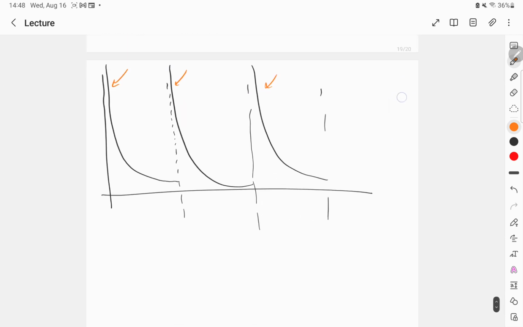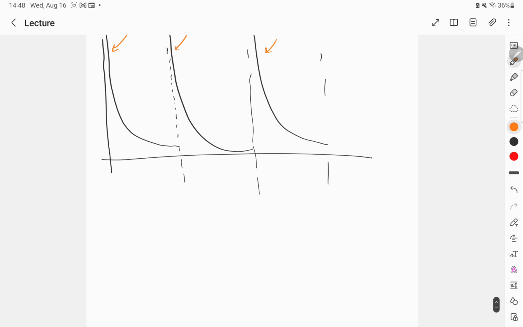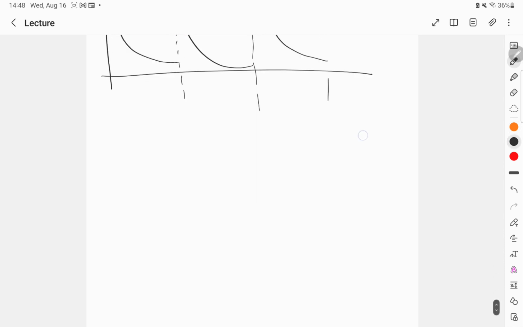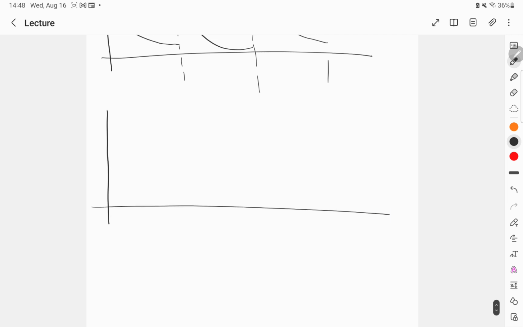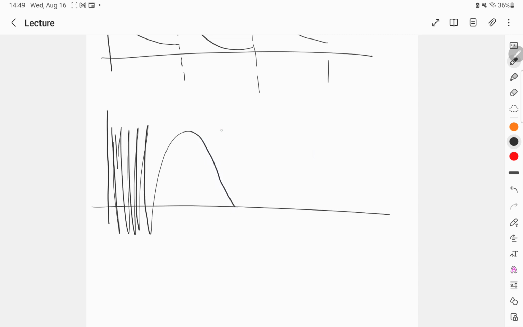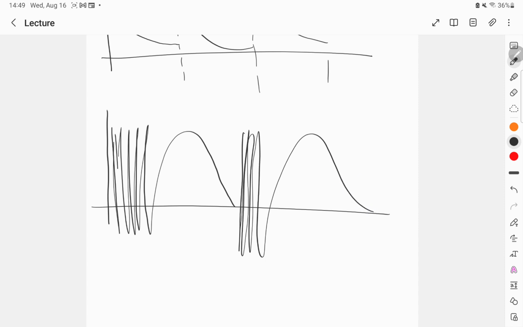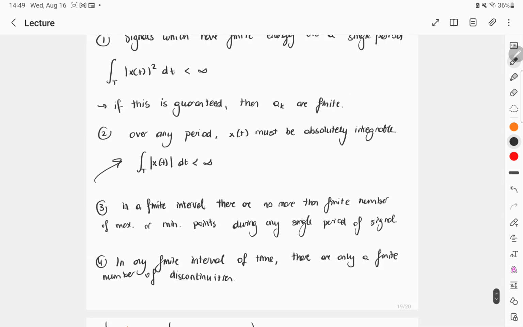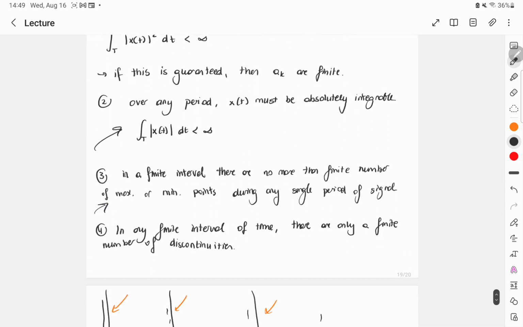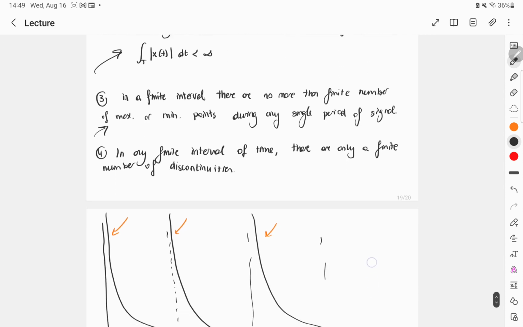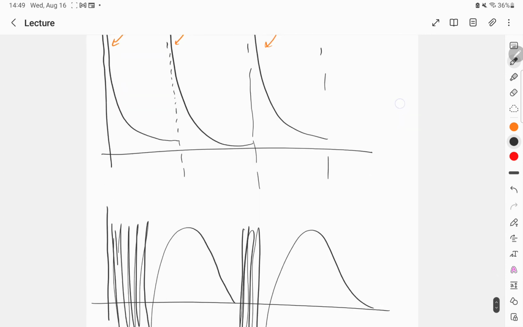And let me move on to the next one. For example, if we have an example like this, where it goes like this. Now in this case also the rule is violated, because in the third condition we see in a finite interval there are no more than a finite number of maximum and minimum points.